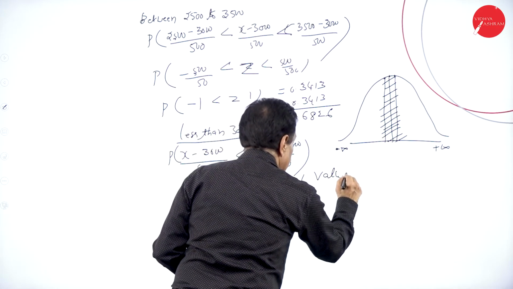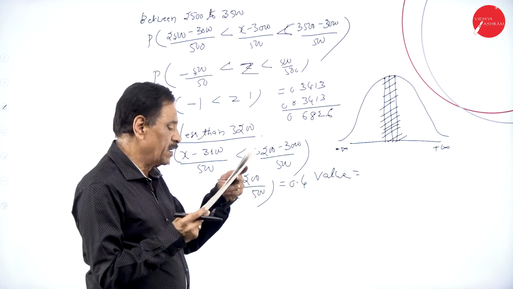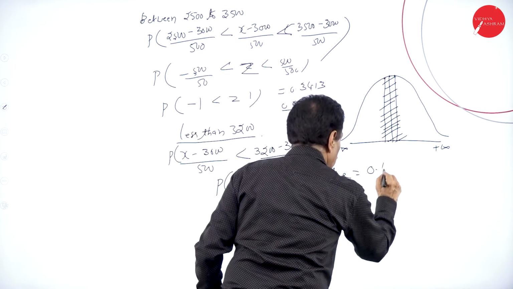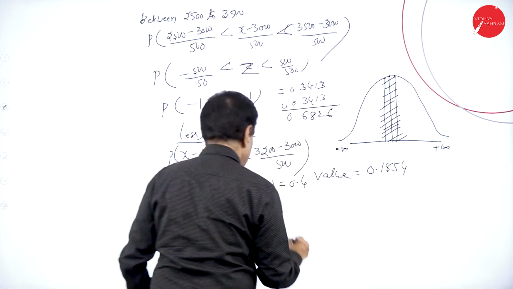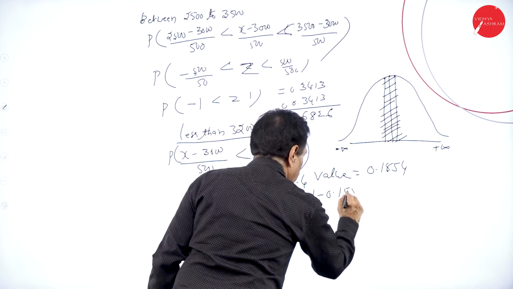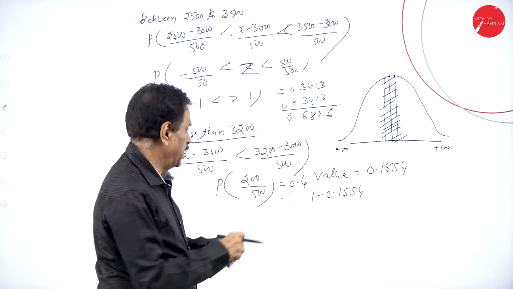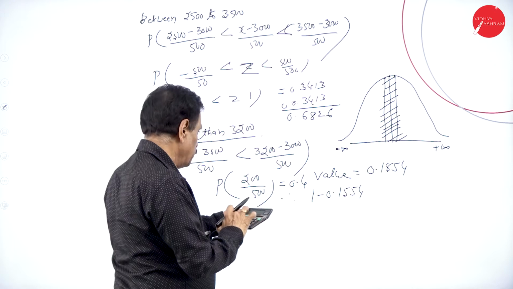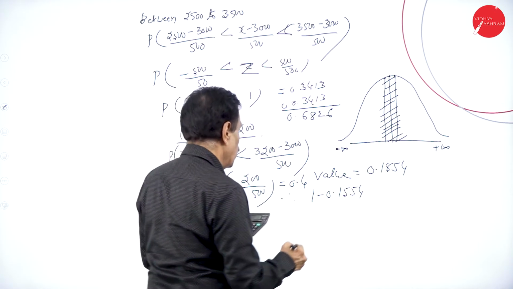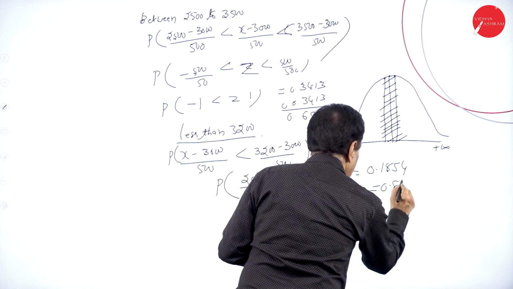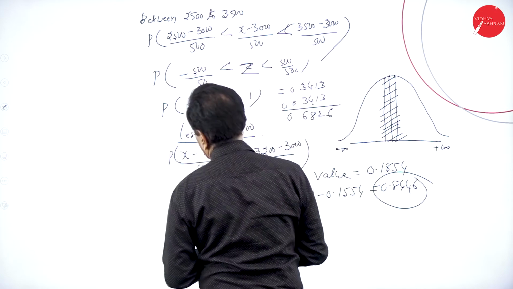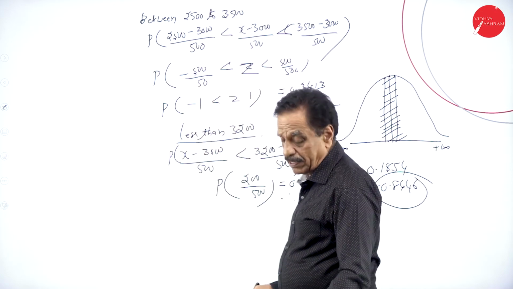Value as per the table: 0.4 is 0.1554. Therefore 1 minus 0.1554 is 0.8446. Numbers are not given, that's why we are not multiplying the value.